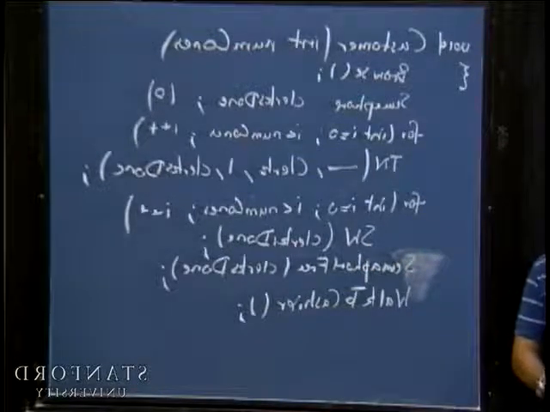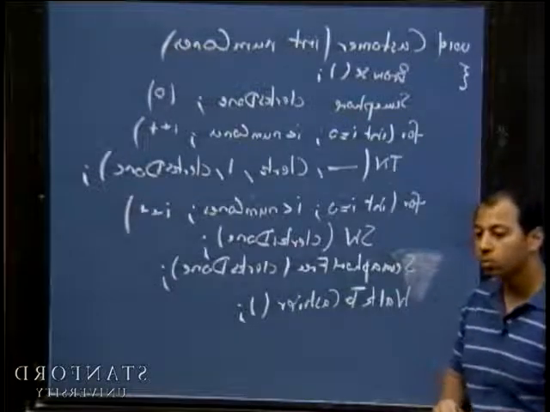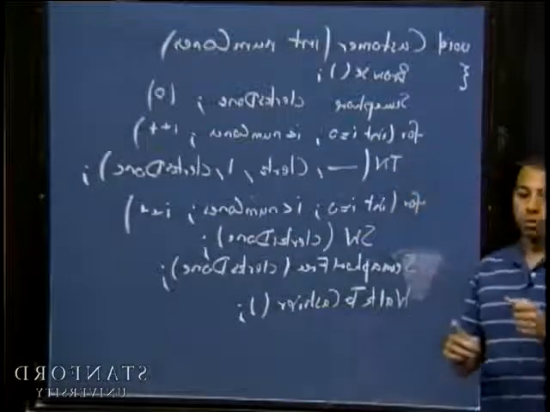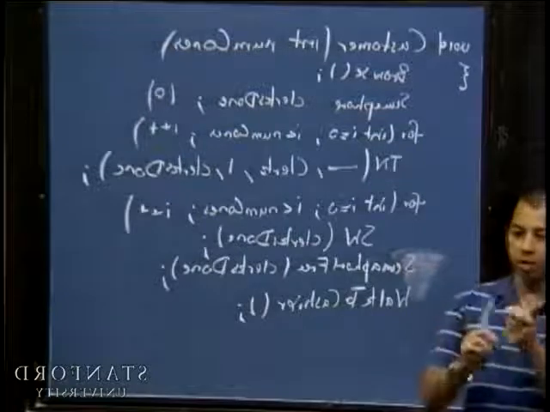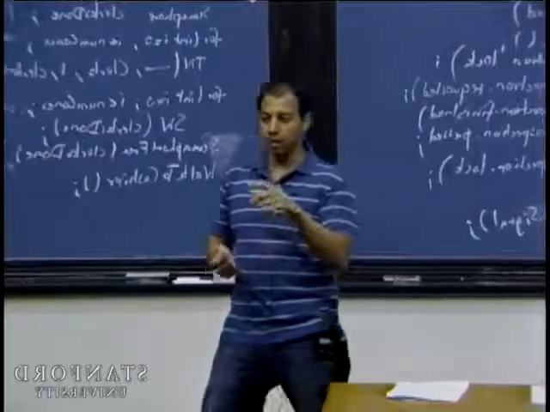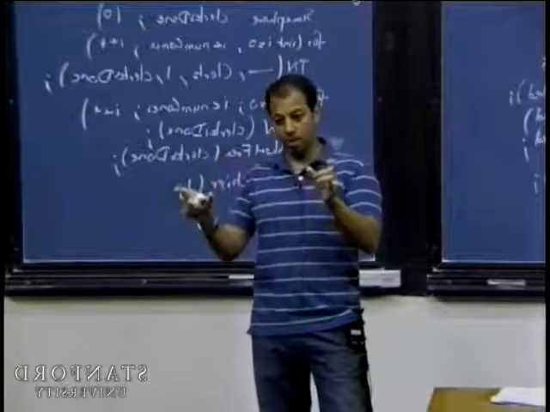Okay? Yes? Can we make this semaphore just an integer, a shared variable? Right. So the question is the following. Can we make the semaphore a shared integer variable or a pointer to a variable? This takes us back to the problem of test and set.